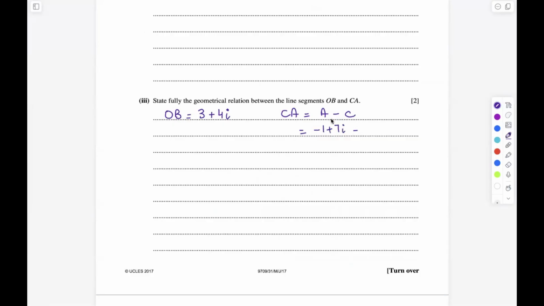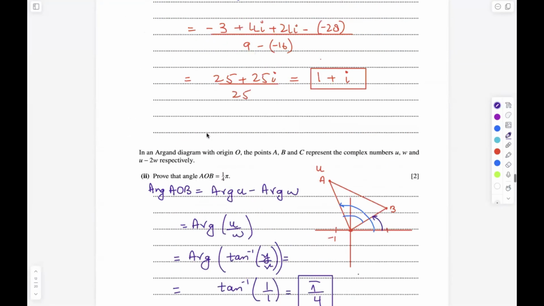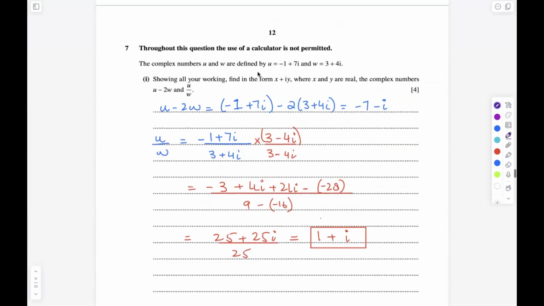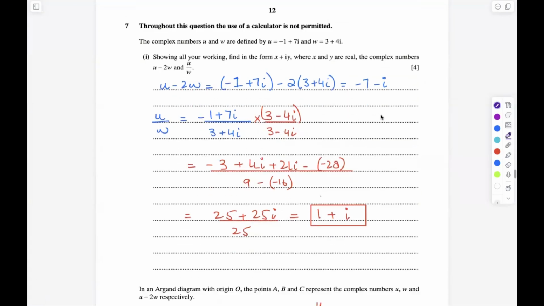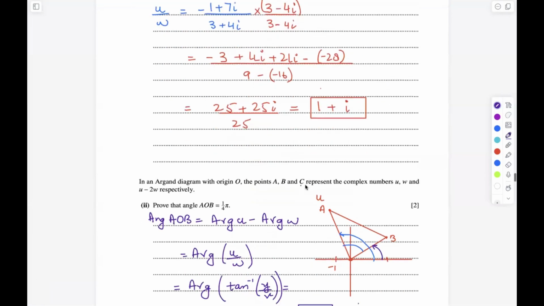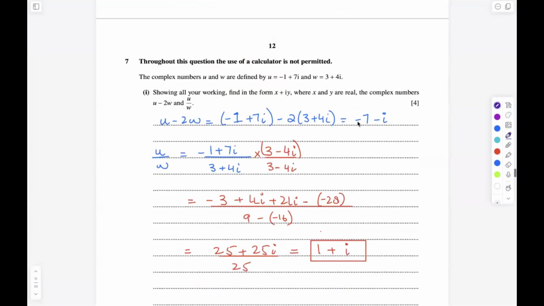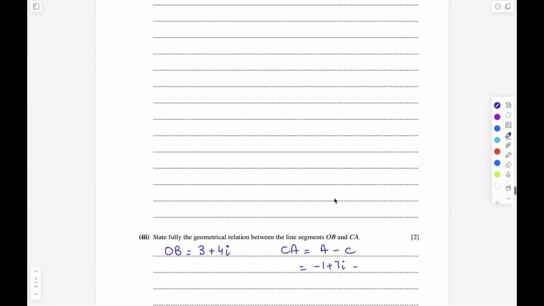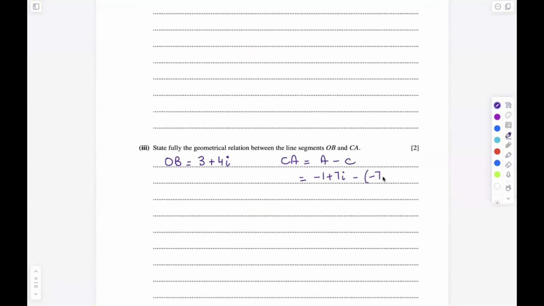And C is represented by u - 2w, which is -7 - i, so we'll write -7 - i over here. Simplifying this, we'll get -1 + 7i + 7 + i. So -1 + 7 is 6, and 7i + i is 8i.